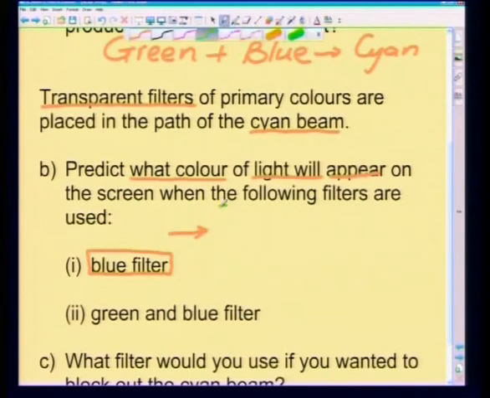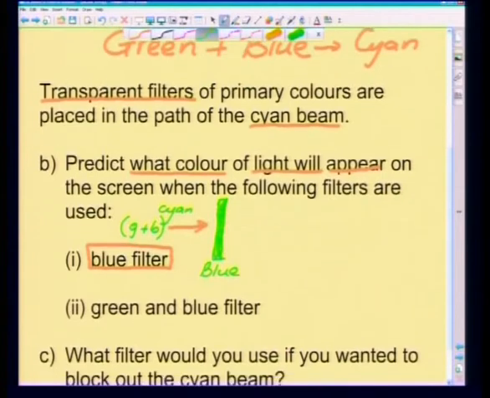Allow me to use this as representing a blue filter. So if this is blue, I just don't have a nice blue color here with me, but say that represents blue. And this is cyan coming in. Remember that cyan is made of green and blue. And this filter here is blue.